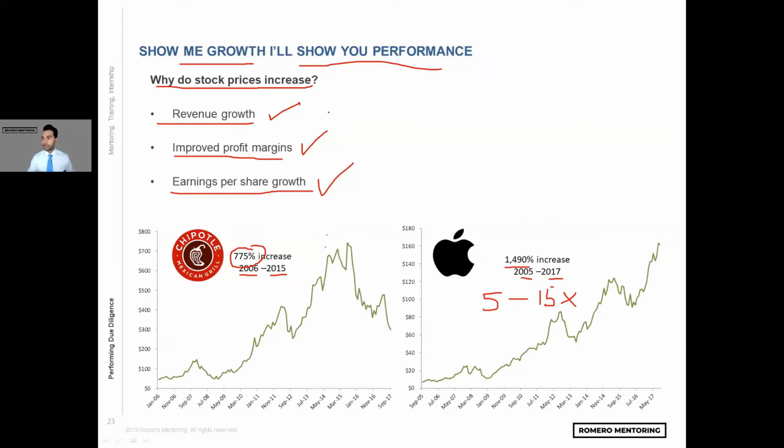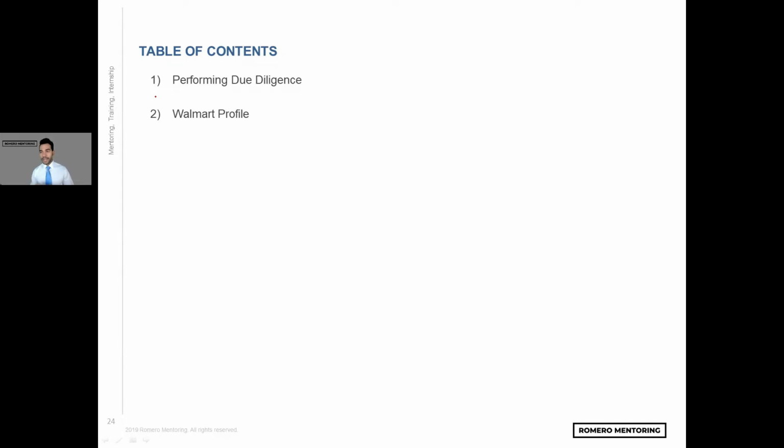So let's continue. We're going to tackle our due diligence in two parts. Number one, we're going to explore due diligence in a much deeper view and understanding. And number two, we're going to look at Walmart.